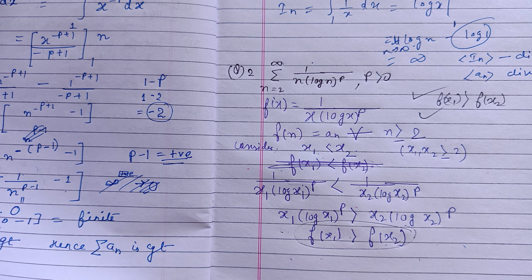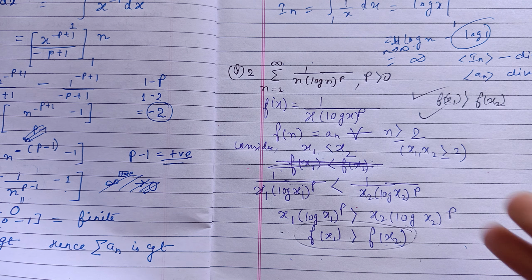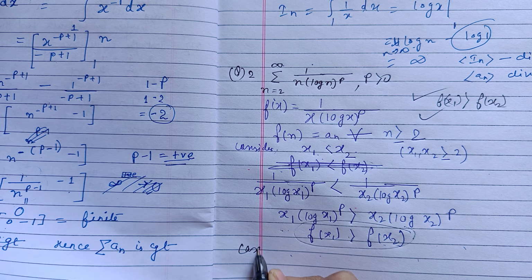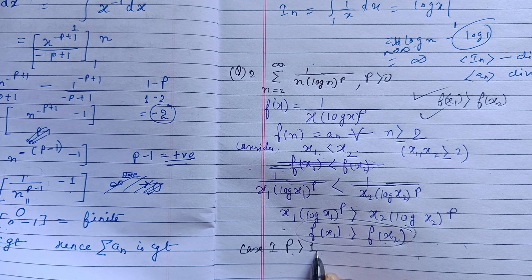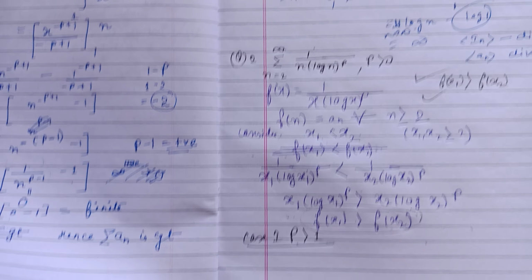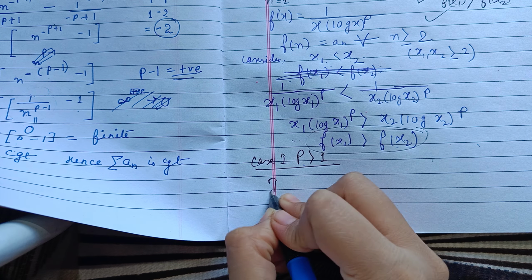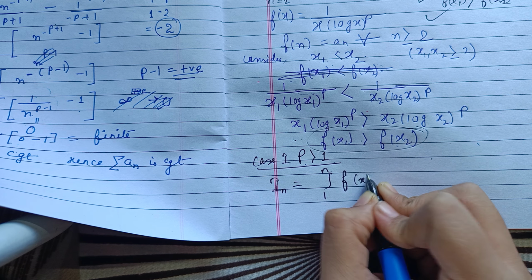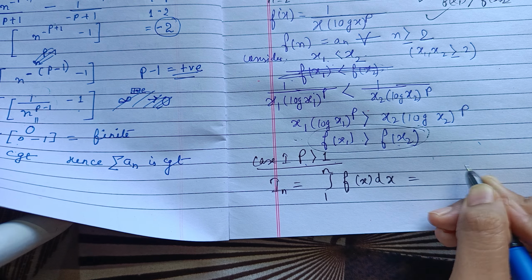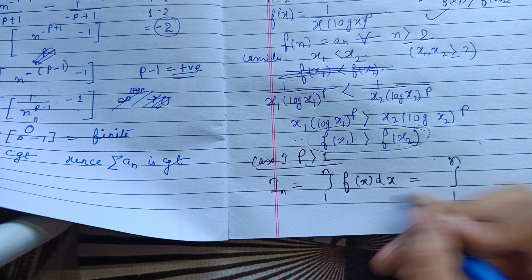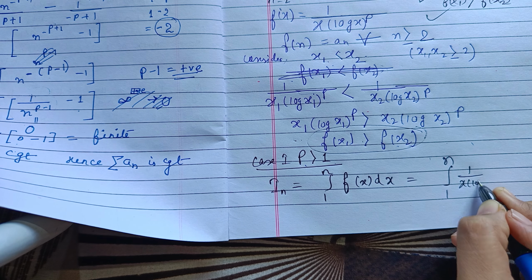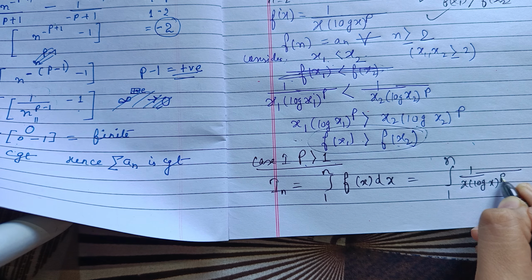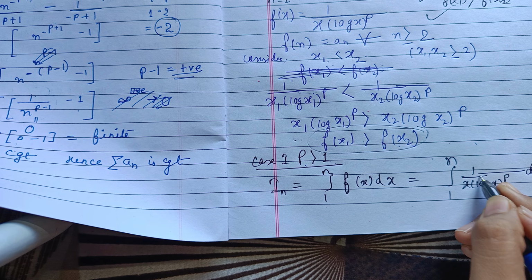So when all three conditions are satisfied, now we will proceed to solve the cases. First one is case 1, that is p greater than 1. Okay, let's do it. I_n is equal to the integral of f(x) dx from 1 to n. So you can write, in place of f(x), 1 by x (log x) to the power p dx.